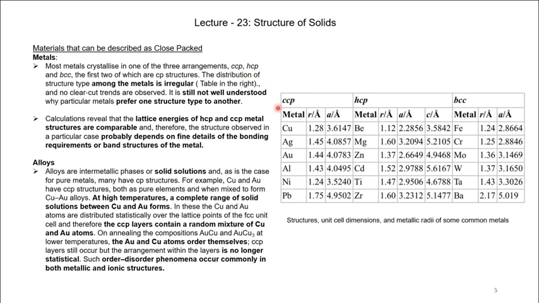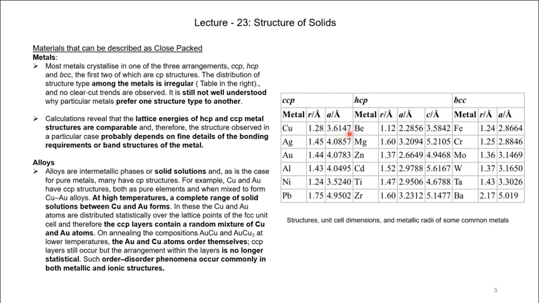Okay, in this table, we see some of the metals and their structures, how we describe the structure. For example, copper. We say copper is a cubic close packed structure, and the radius of this copper we say is 1.28 angstrom, and the unit cell is 3.6147.